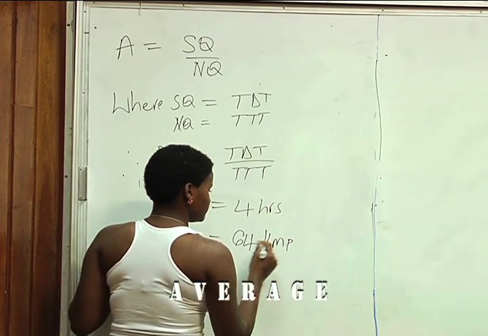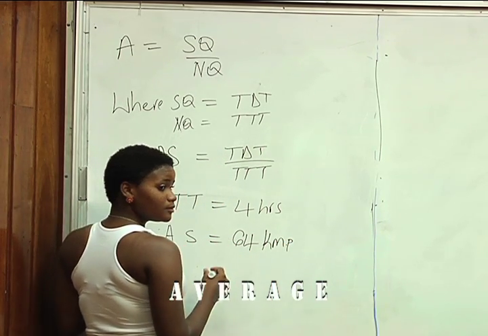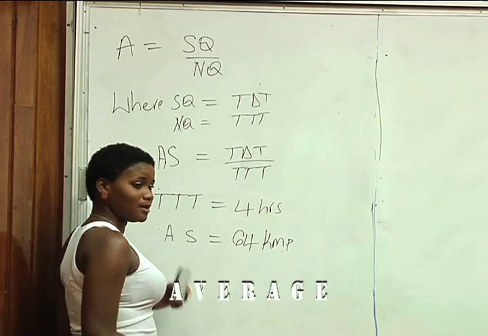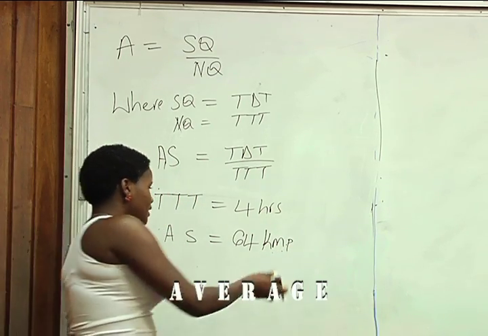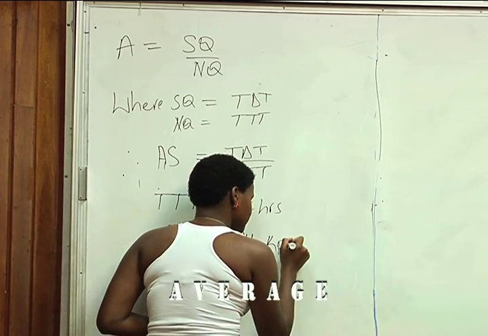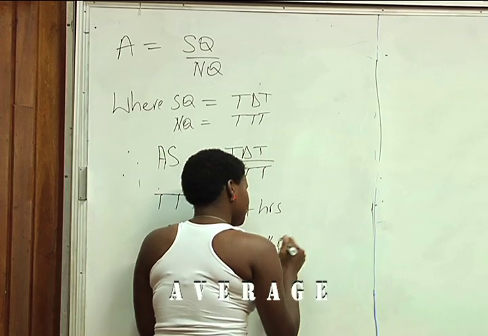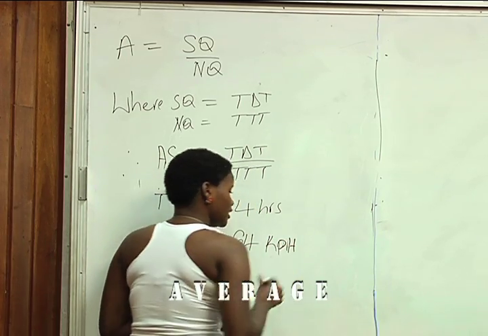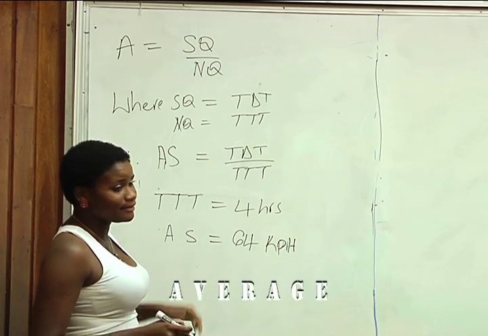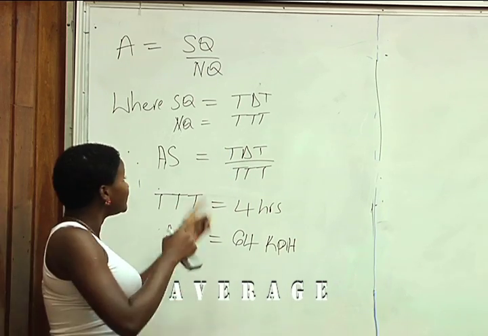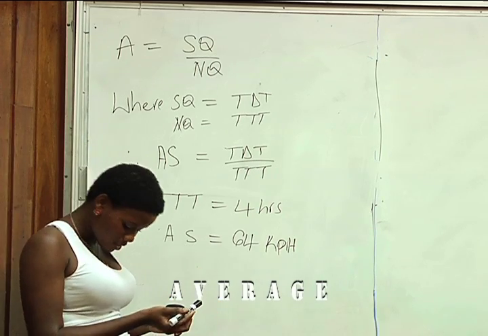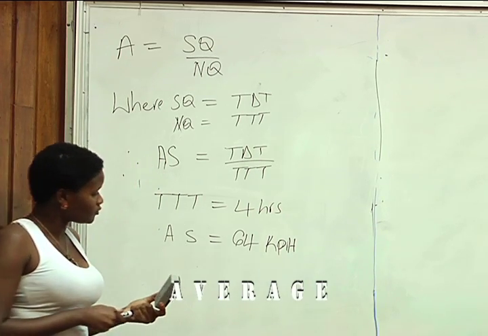AS always equals kph, kilometers per hour. All right. So what do we not know? We don't know the distance. So that means we have to calculate the distance to work it out.